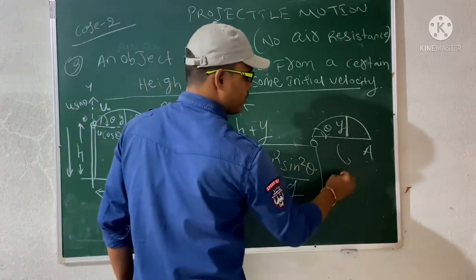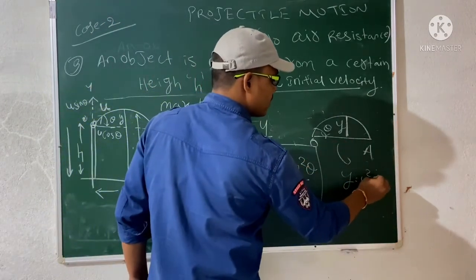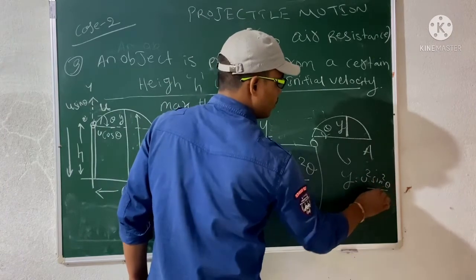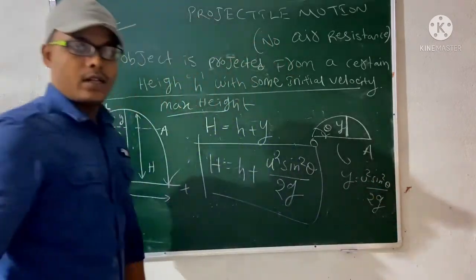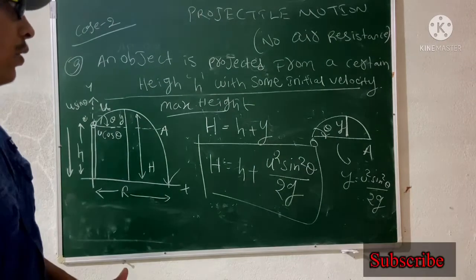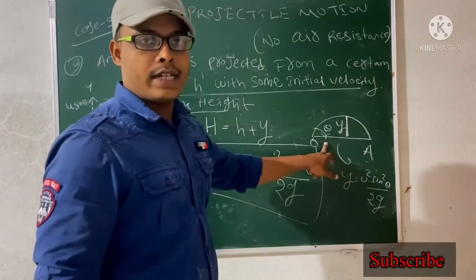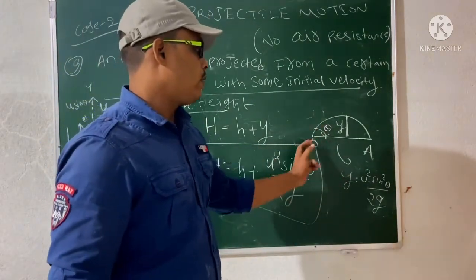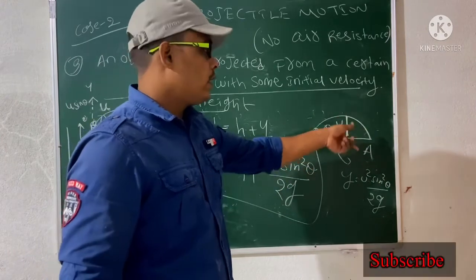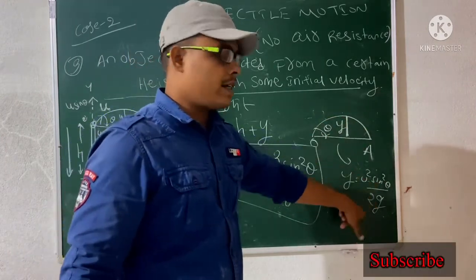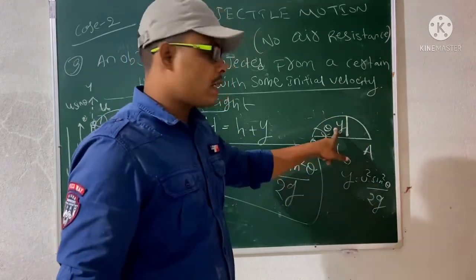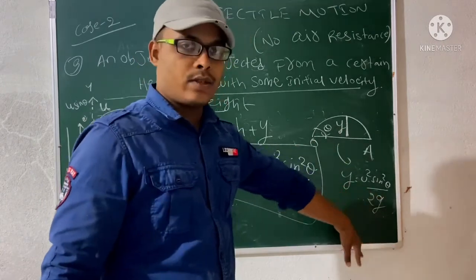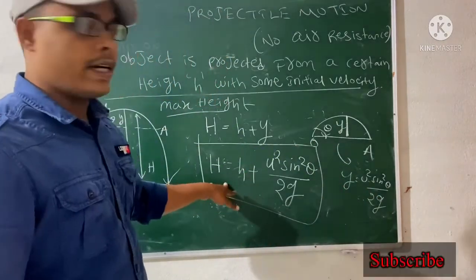That we have discussed in the yesterday class. So this is the first case of projectile motion, that if a particle is fired from ground, then the maximum height is u square sin square theta by 2g. Just add them, you will get the maximum height.